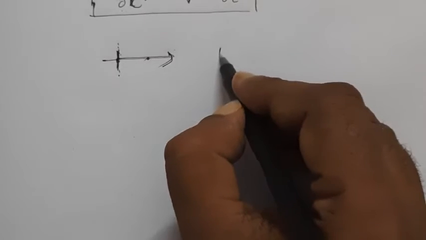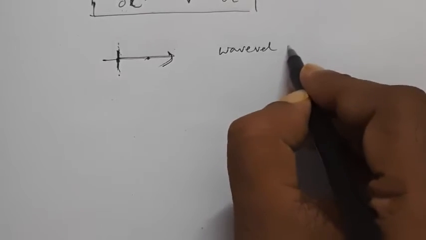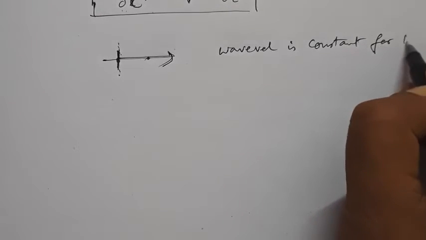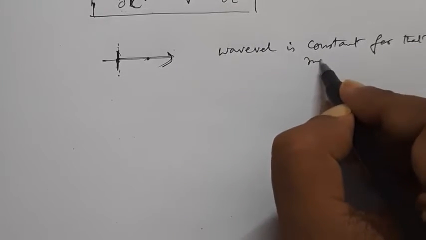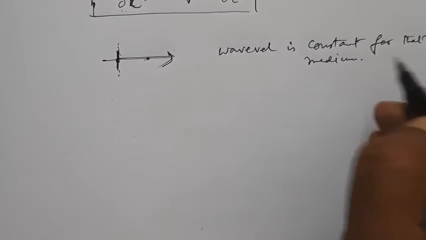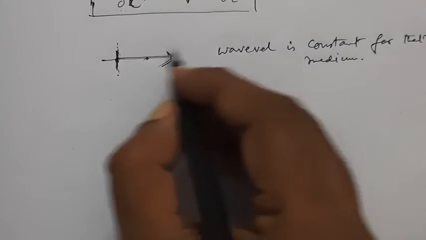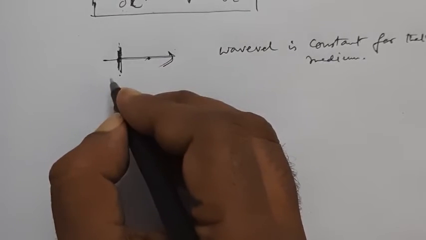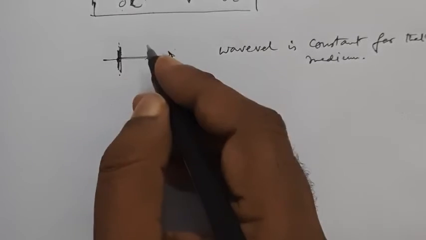It depends only on the properties of the medium. So wave velocity is constant for that medium because wave velocity depends on the properties of the medium. But for a particle vibration, at every point the value of velocity is different.